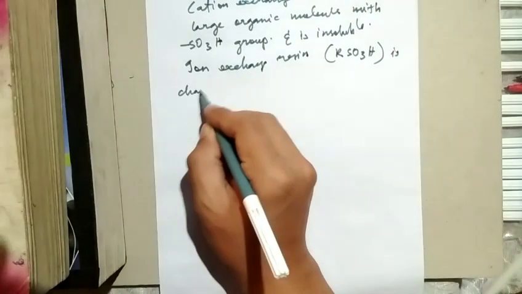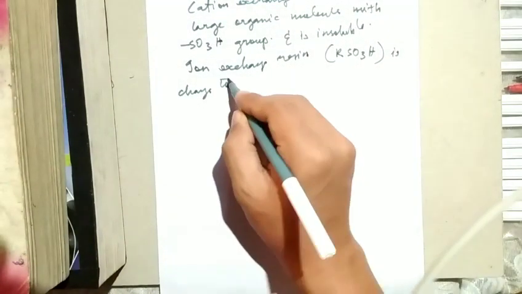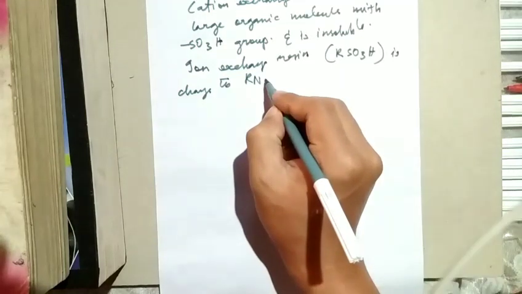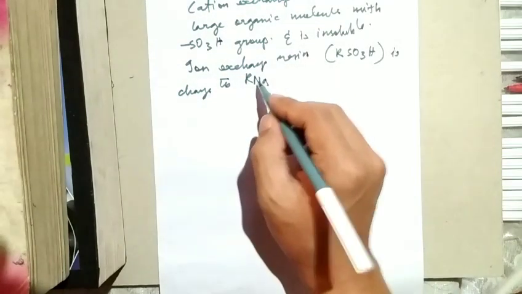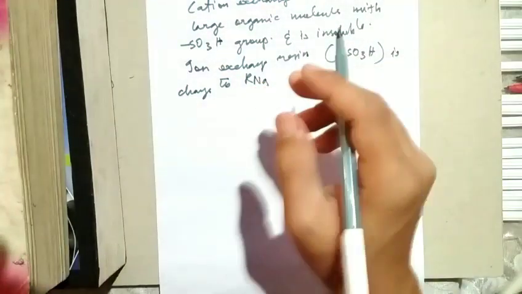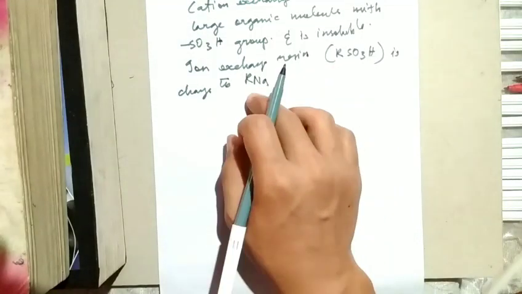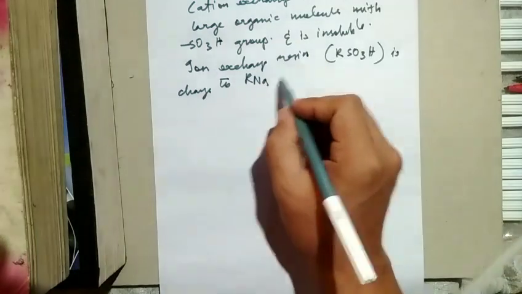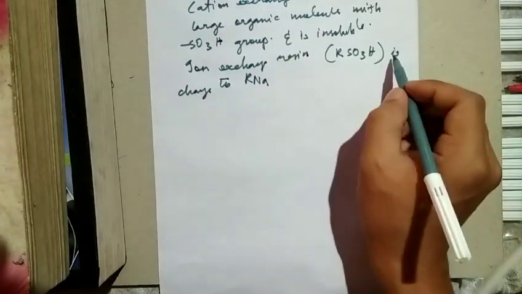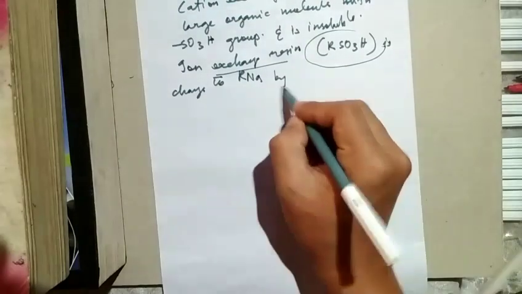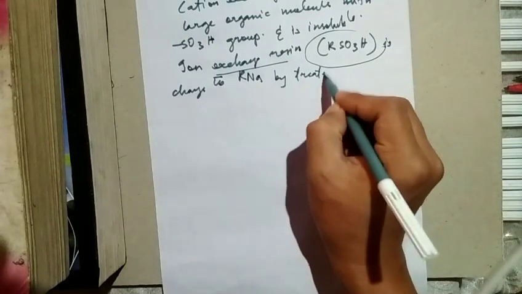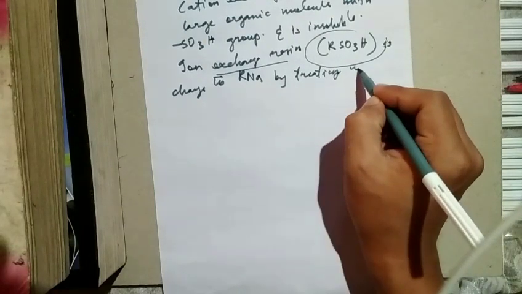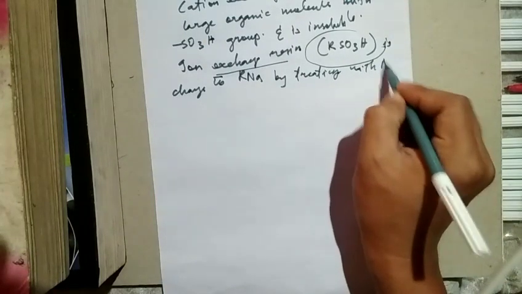It is changed to RNa. This RNa is not DNA or RNA, that is not what it is. R means alkyl group. So this ion exchange resin is changed to RNa by treating with NaCl.